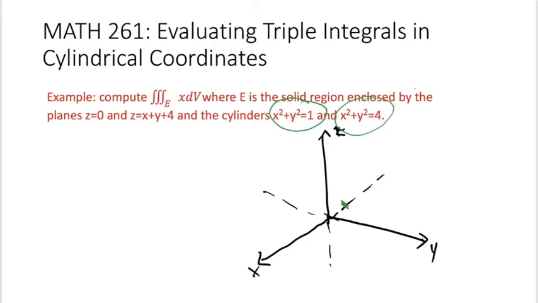So we're going to draw that. So here's -1, -2, 1, 2, 1, 2, -1, -2. So if we draw those cylinders in, we're going to have a circle with radius 1 that's going to go up, and a circle with radius 2 right around it.